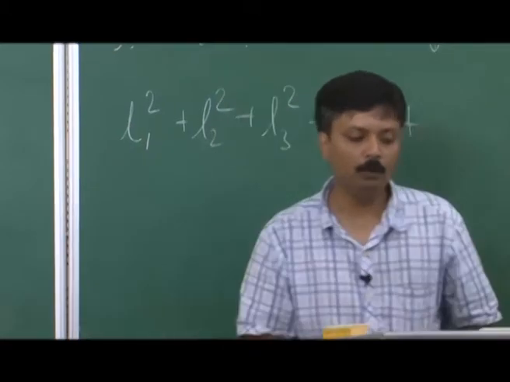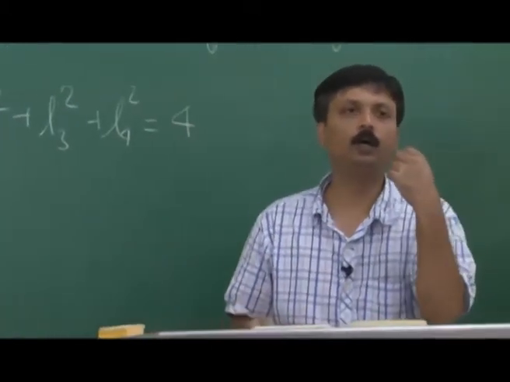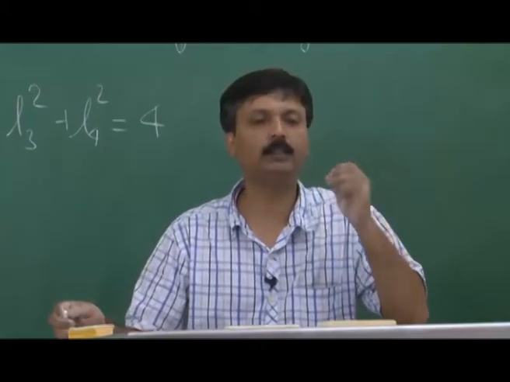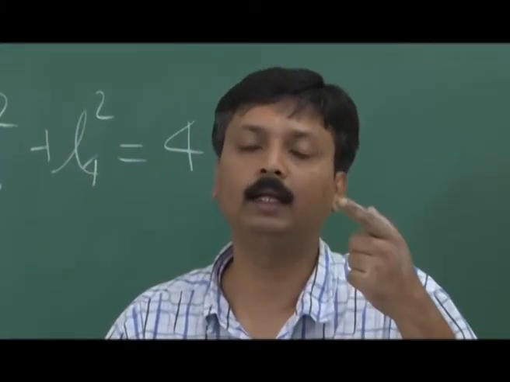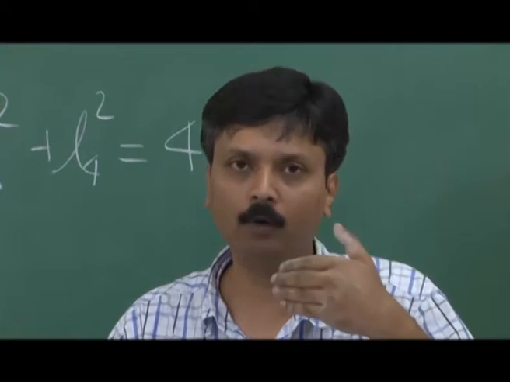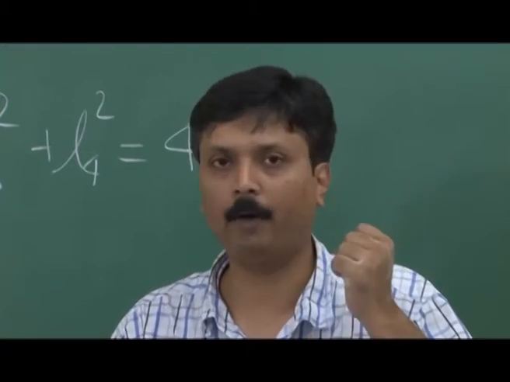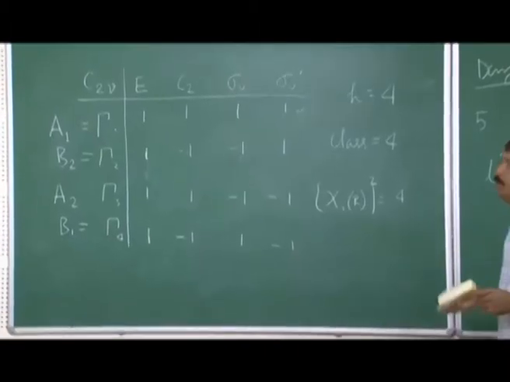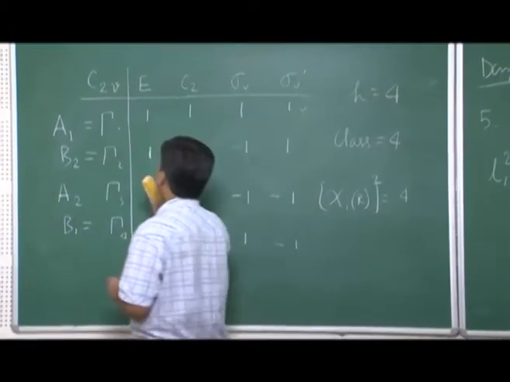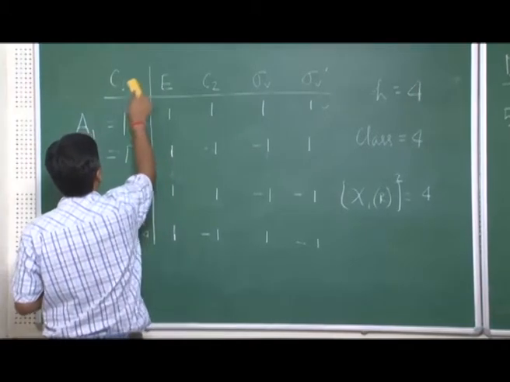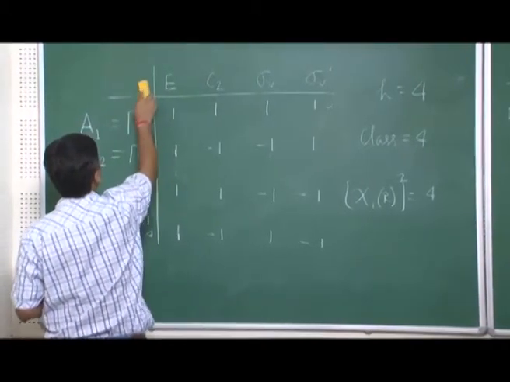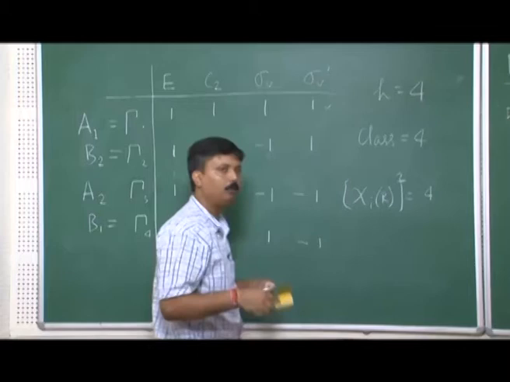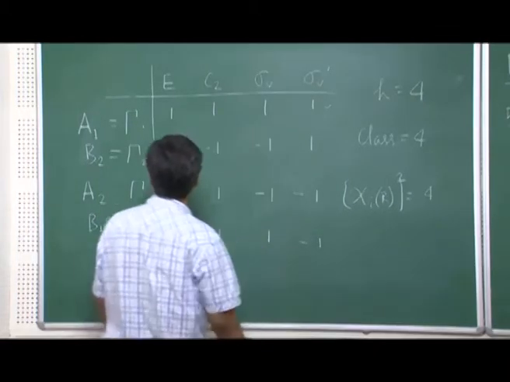So what we will do, we will try to illustrate this with the help of another example, which is a little bit more complicated than this simple point group. We will choose C3V instead of C2V now. Alright. So you have already seen the character table of C3V. Now we will see how we form that character table.